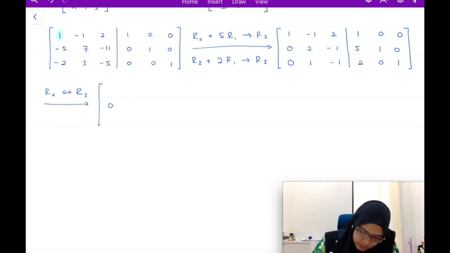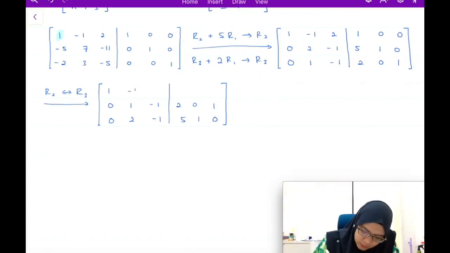We have 0, 1, negative 1, 2, 0, 1, then 0, 2, negative 1, 5, 1, 0, and 1, negative 1, 2, 1, 0, 0.